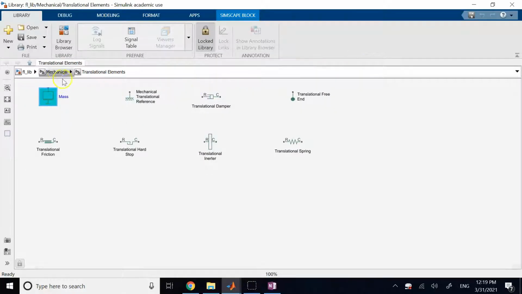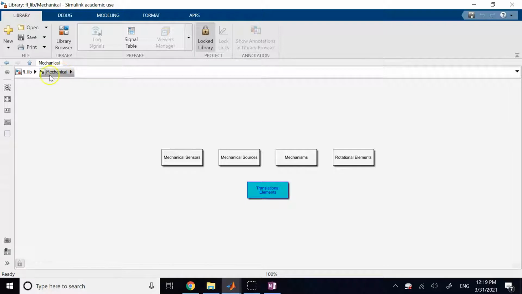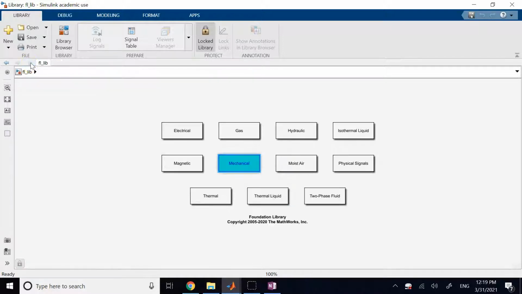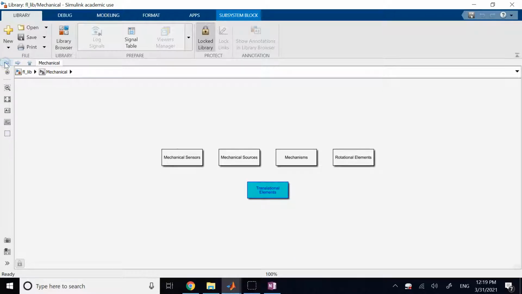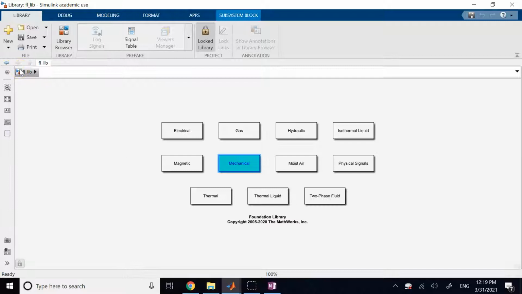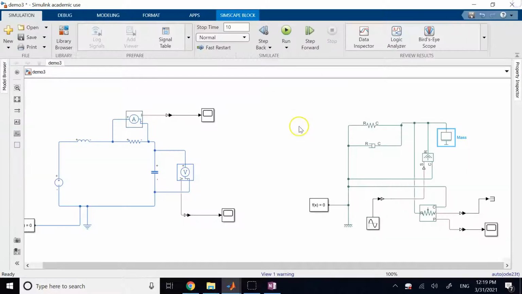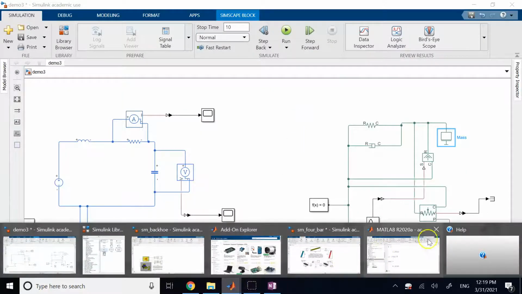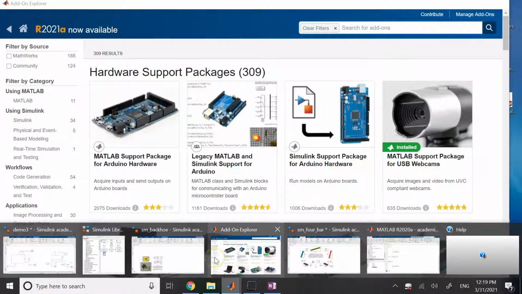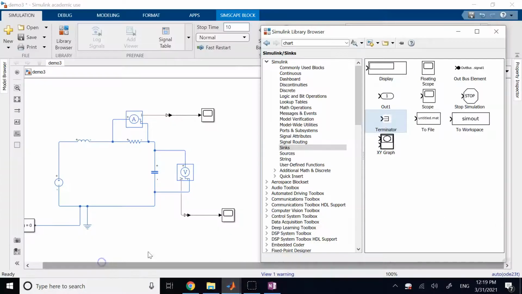So if you look here, they are under mechanical, okay? Under translational elements, mechanical. And where is this one? If you go one back, this is now under what? Under FL library. So if I go up one level, this is FL library or foundation library, and then it's under what? Mechanical, right? So let's go and find it here. So I'm just showing you how to find a block if you don't know where it is.